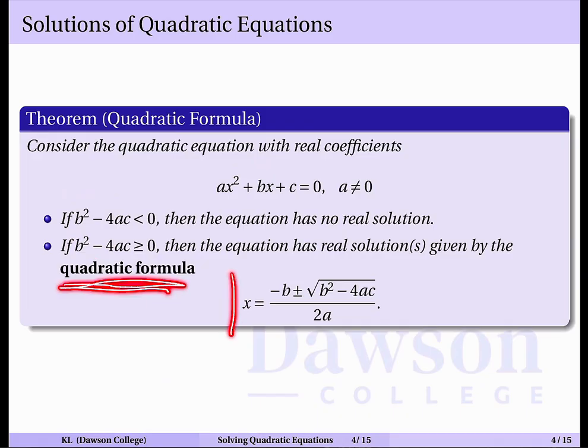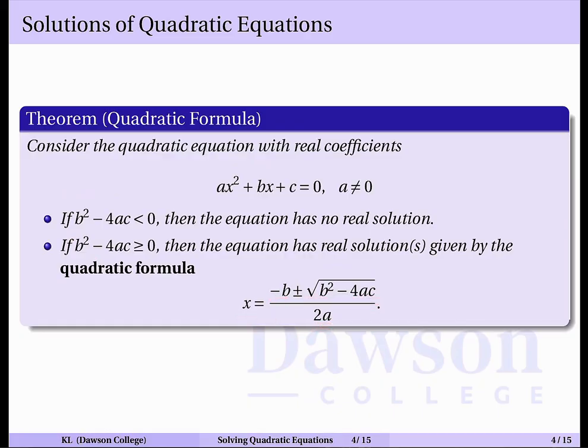The quadratic formula is this one. x equals negative b plus or minus the square root of b squared minus 4ac, divided by 2a. Again, x equals negative b plus or minus square root of b squared minus 4ac all over 2a.